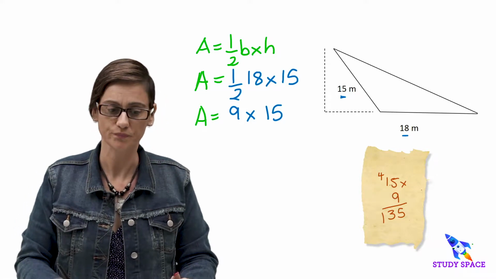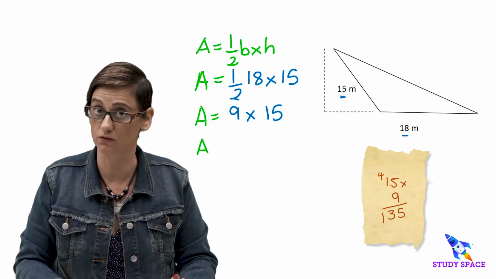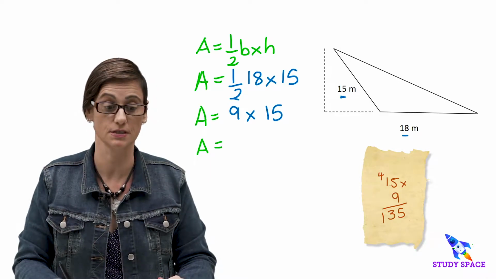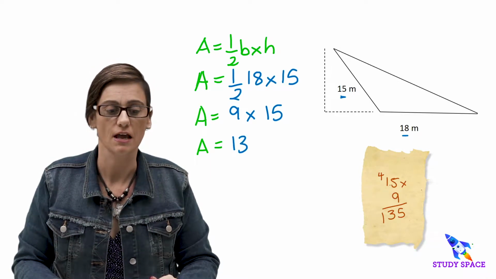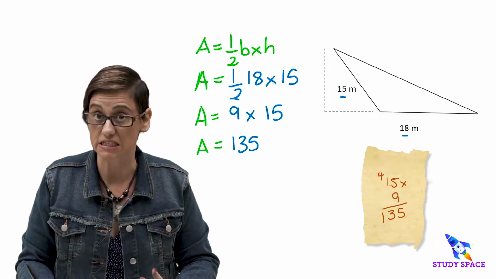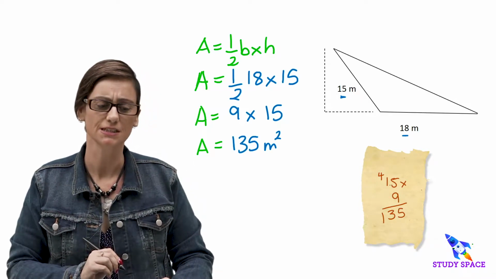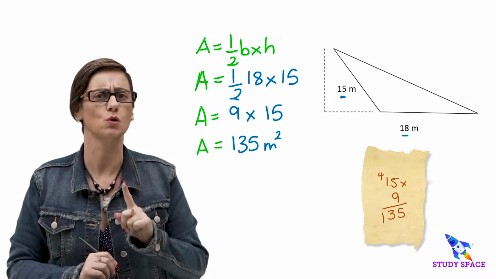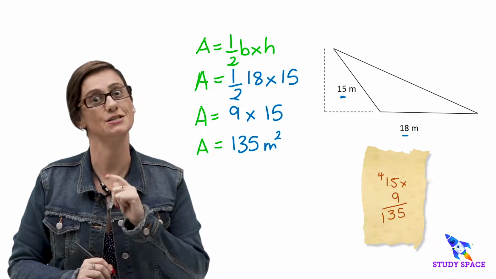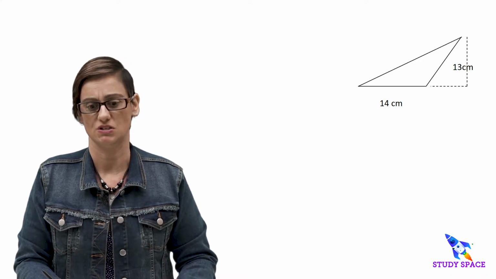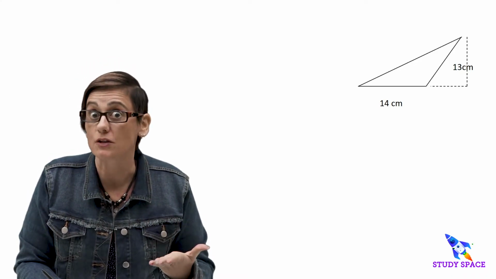Okay, so the area of this triangle, which is lying down on the job, boys and girls, equals 135 metres squared. I think we need to do one more just to be sure. Let's go. Our last example, boys and girls, again a triangle lying down on the job.